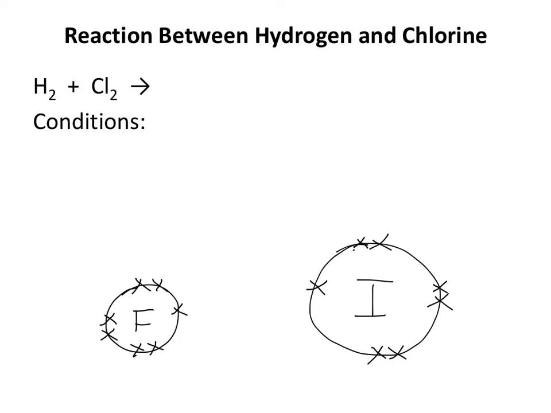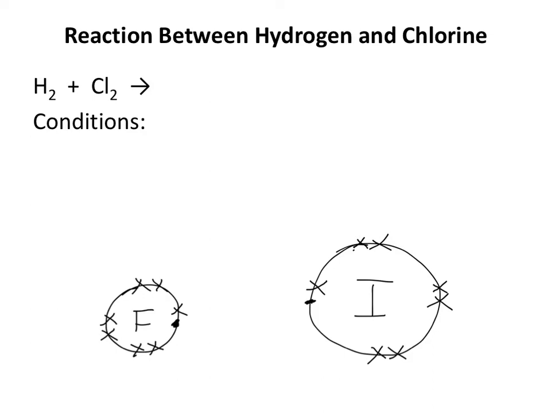So fluorine is the most reactive of the halogens because its outer shell is nice and close to the nucleus, so it can drag in that extra electron from another atom. Iodine won't be as attractive to an extra electron because its nucleus is further away from that outer shell. So the distance is greater, so the attractive pull between the positive nucleus and the outer shell is less.